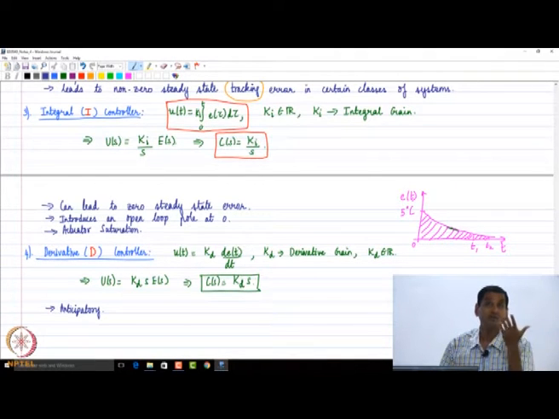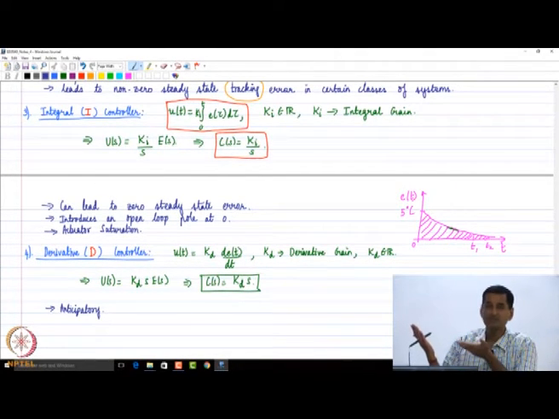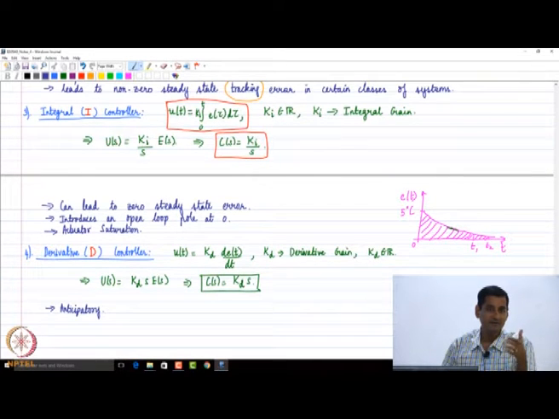Let's say you are running a compressor, we are spending on electricity. If I know that my temperature error is decreasing, I would run my compressor at a lower setting so that I can save cost. So the derivative controller can satisfy these functionalities.